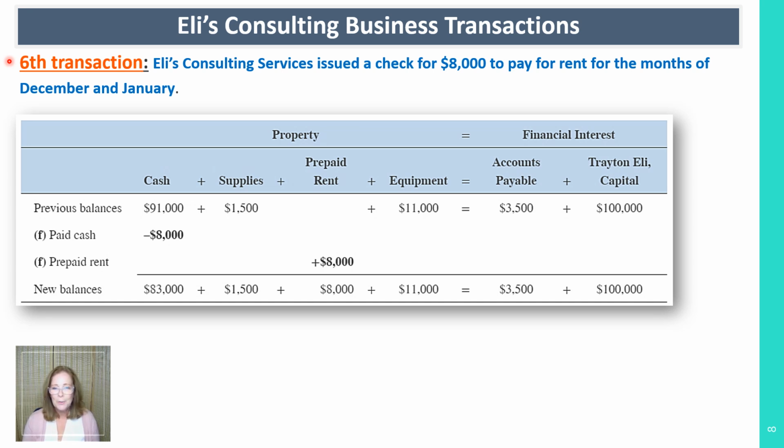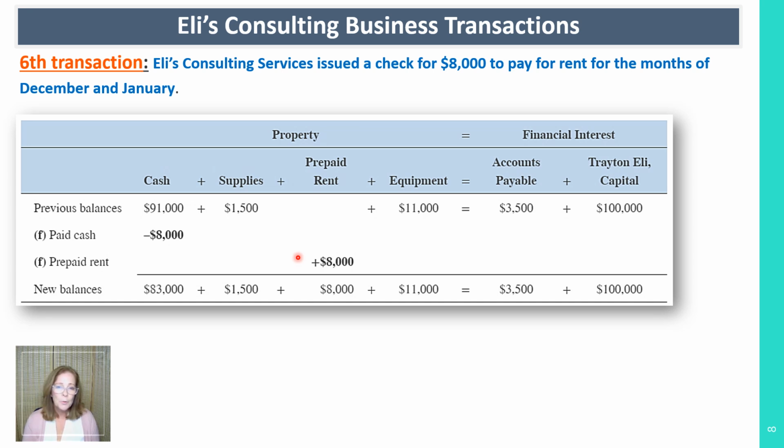So what do we need to do when Eli's Consulting issues a check for $8,000 to pay for rent for the month of December and January? Let's break it into part 1 and 2. First, the business now has a new property account called prepaid rent. We'll add that to the property side of the equation and add $8,000 into that column.